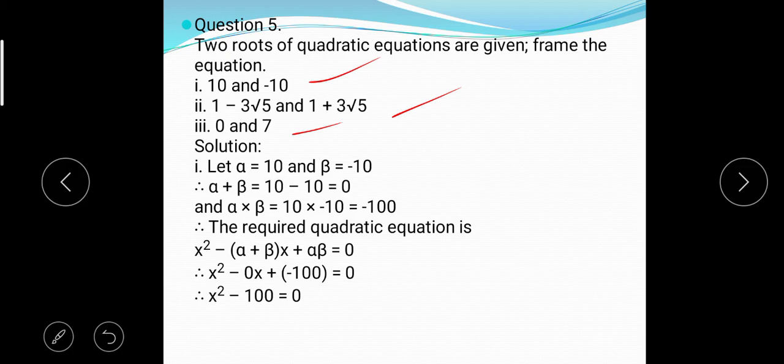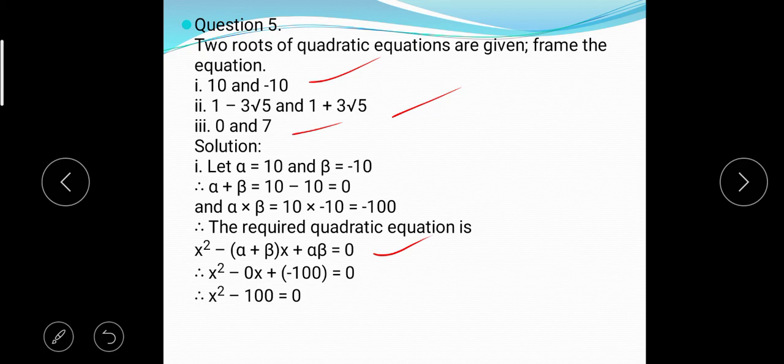You know this is the format for a quadratic equation. When two roots are considered, one root is alpha and the other root is beta. By using this format, you can easily get the required quadratic equation.